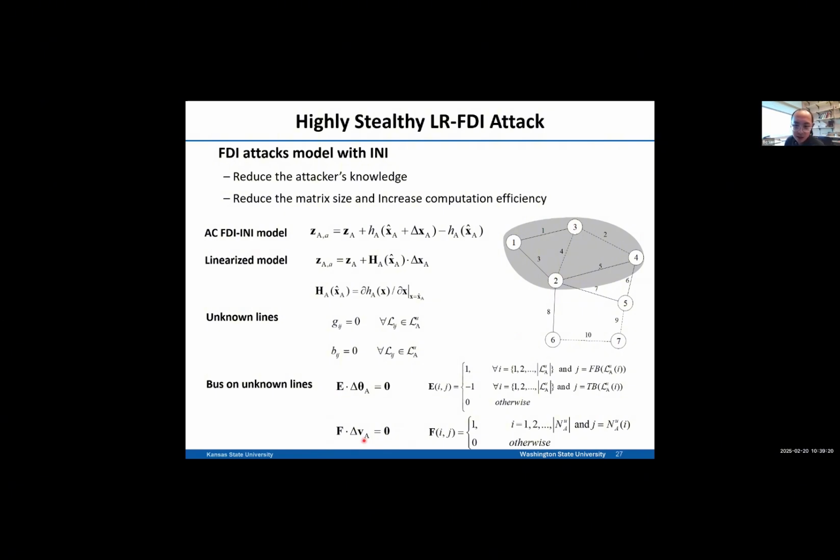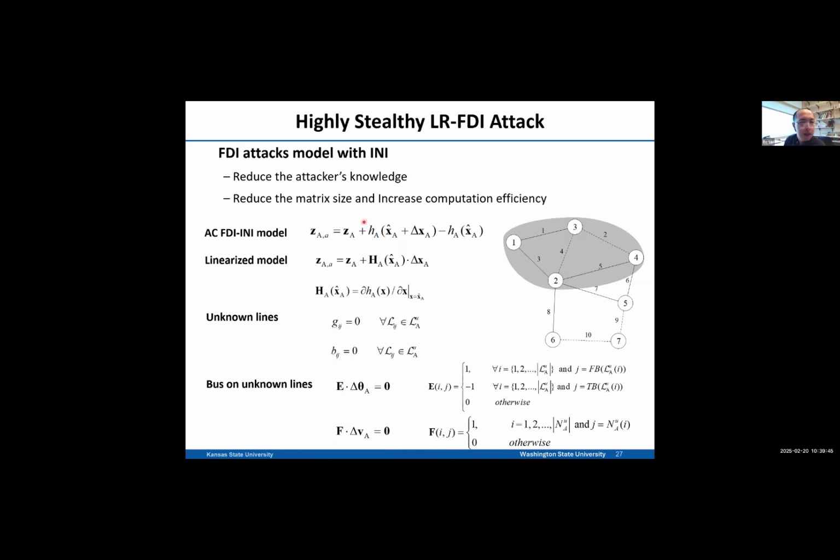In this case, the attacker's construction can ignore the unknown lines. That's why we set the G and B susceptance of the line to zero, because this ensures the power flow is unchanged regardless of the values of G and B. So we can use this model to generate FDI attacks.